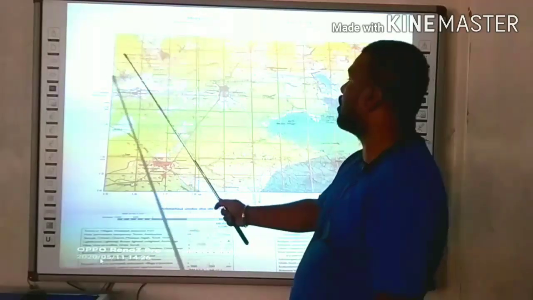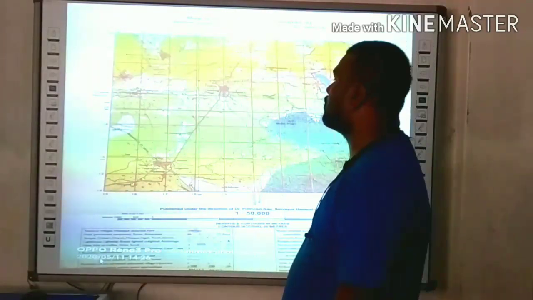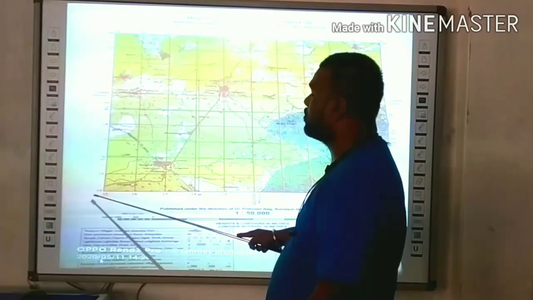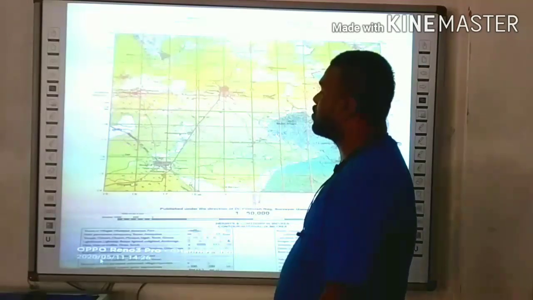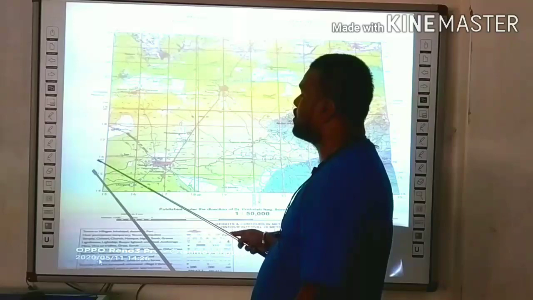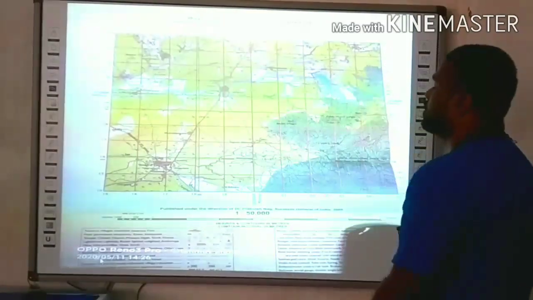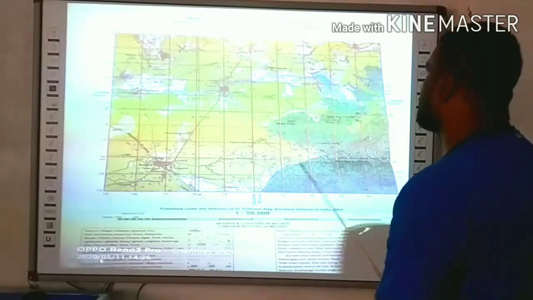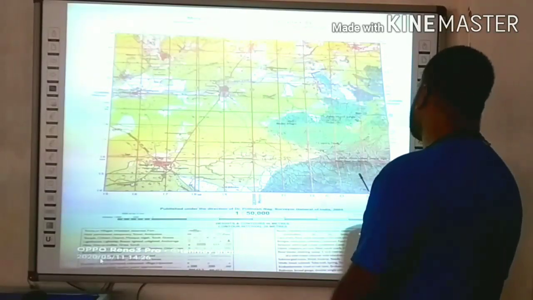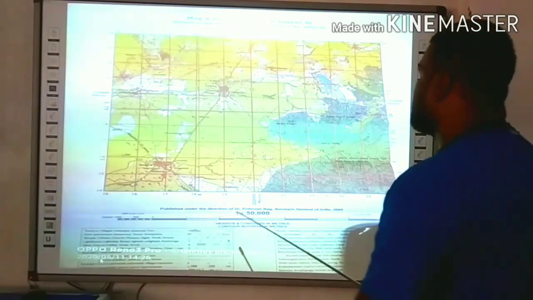Now these parallel lines are called the northings, and the value always increases from south towards the north. Now in this topographical map, what do we have more? We have scale, like 2 cm is equal to 1 kilometer, and 1:50,000 is the RF scale.